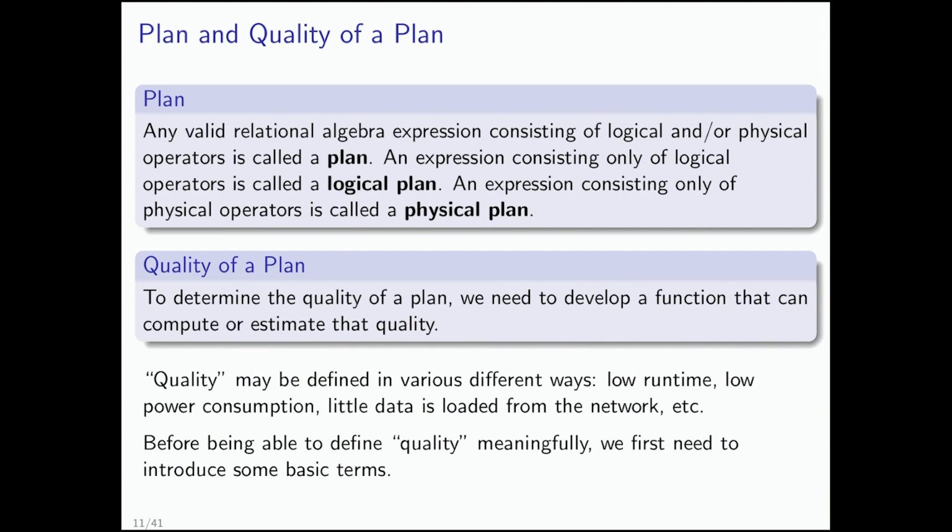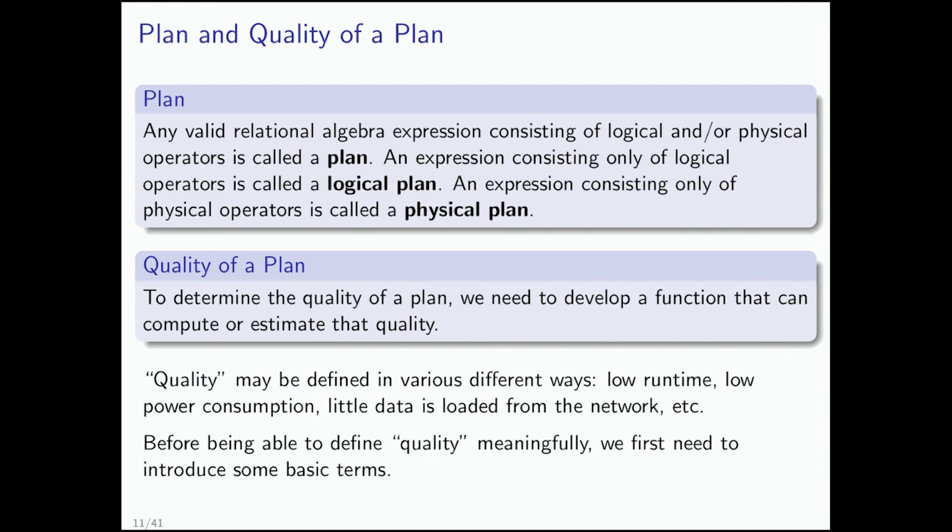So in the following, I will need some terminology. And one is the term plan. What is a plan? We should have a plan in life, but also in databases. A plan is any valid relational algebra expression consisting of logical and of physical operators.